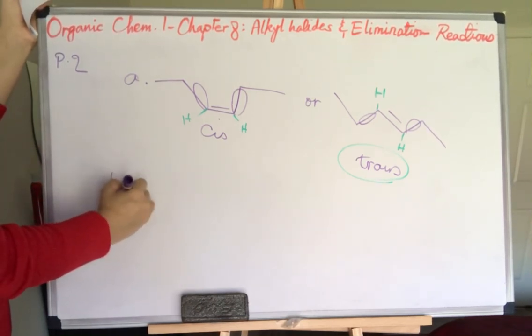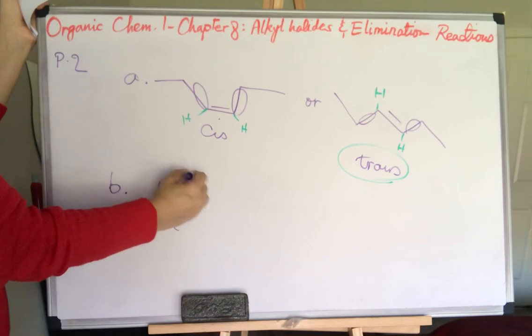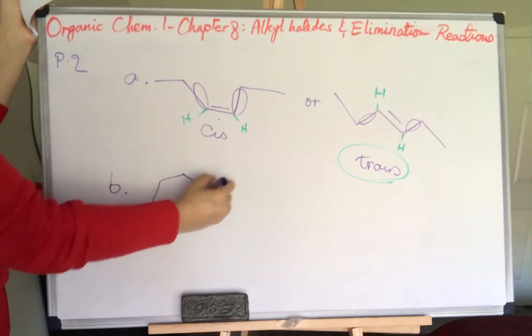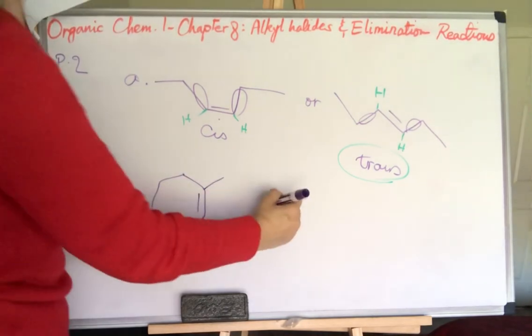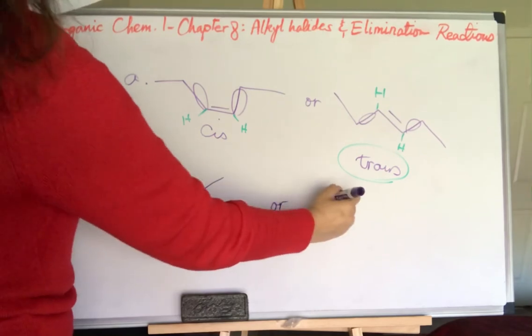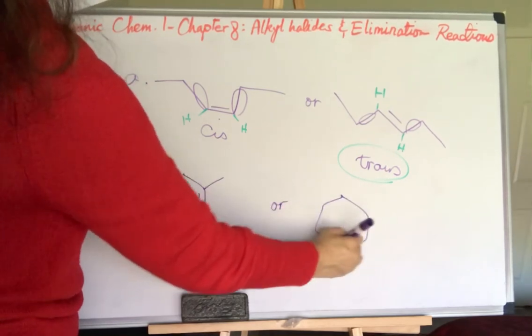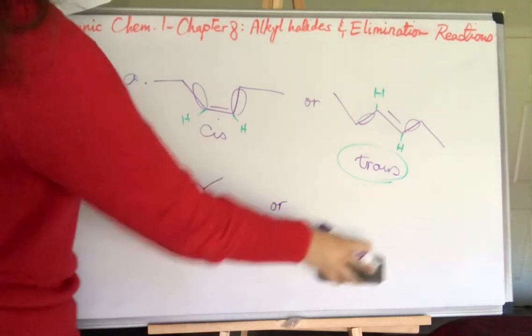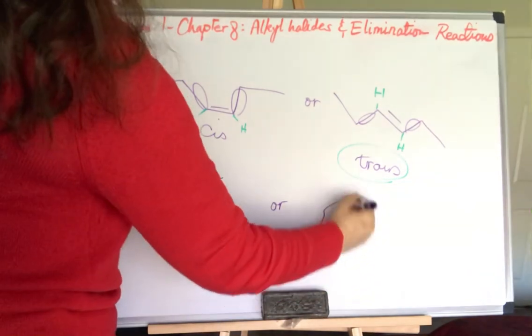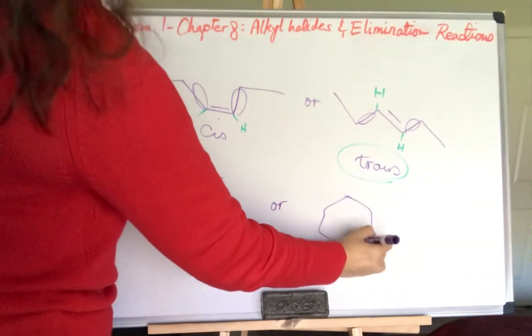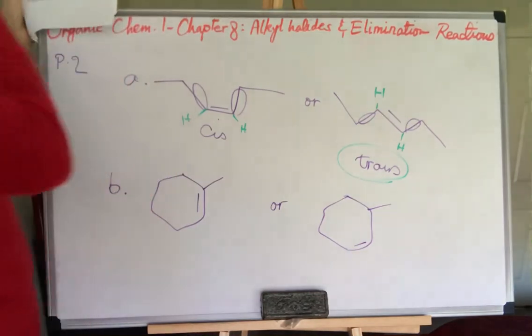On the cyclic compounds it is the same, it just needs a good visualization. I don't want you to get confused on the cyclic compounds, on the rings. All right, let's see what it is.